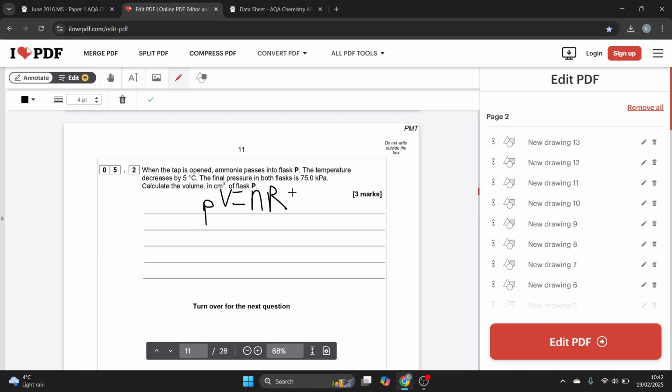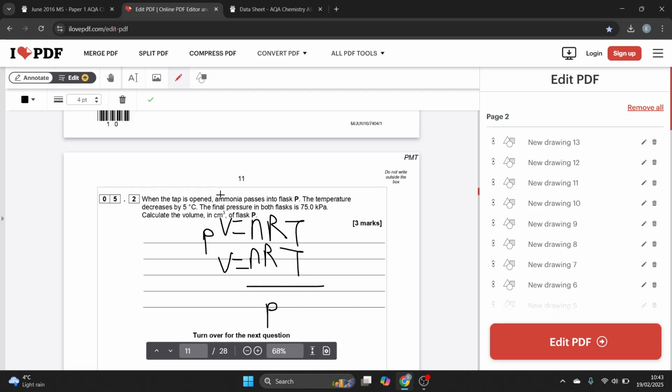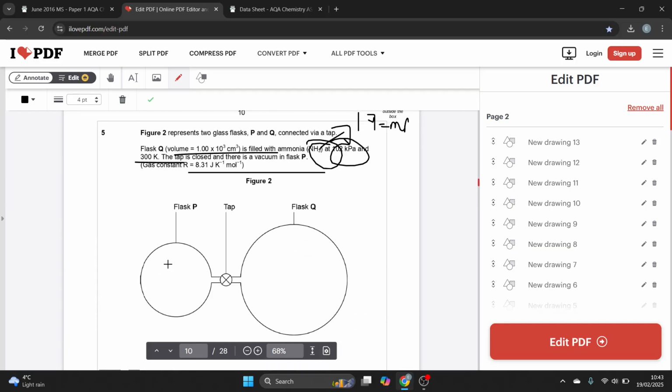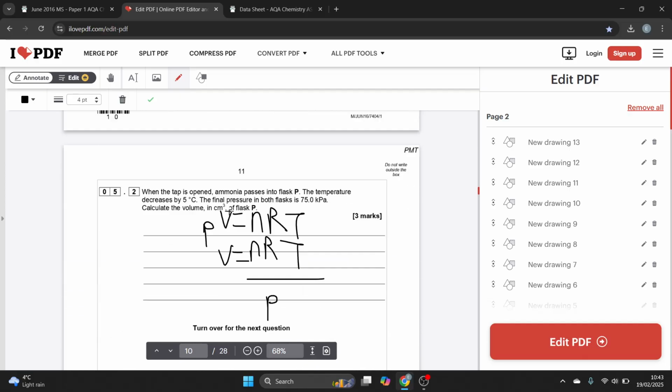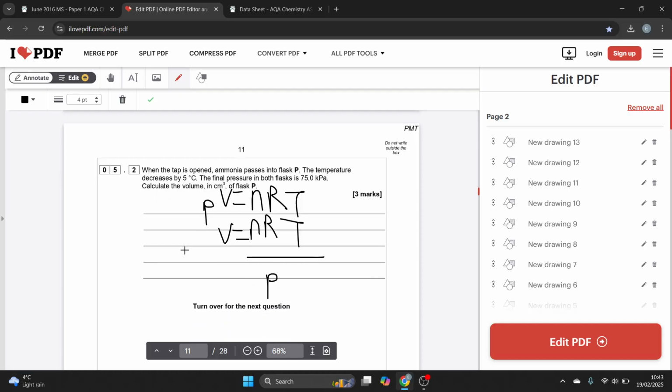But in this case, all I care about is the volume. I've got the volume of flask Q. And if I use V equals nRT divided by P, that will give me the total volume.